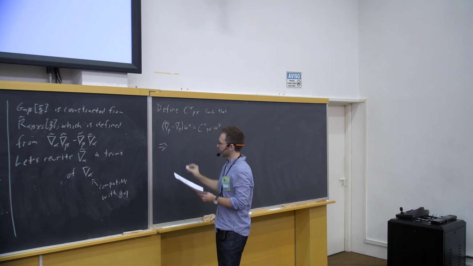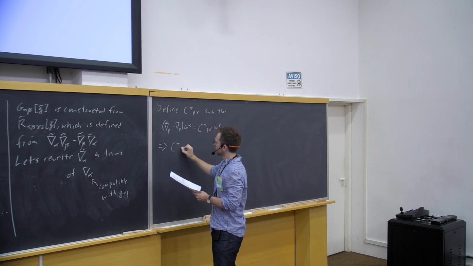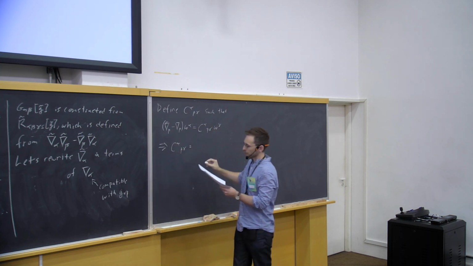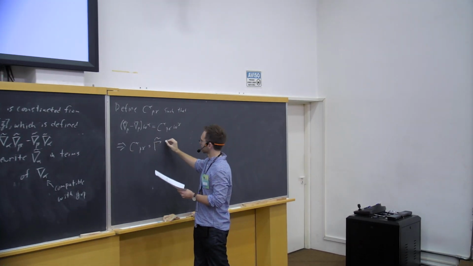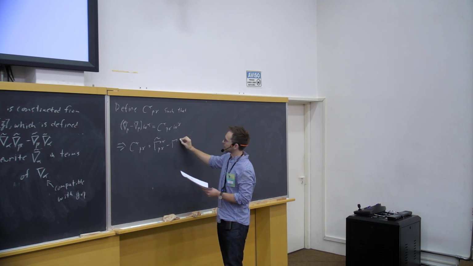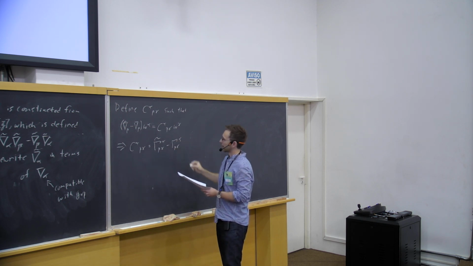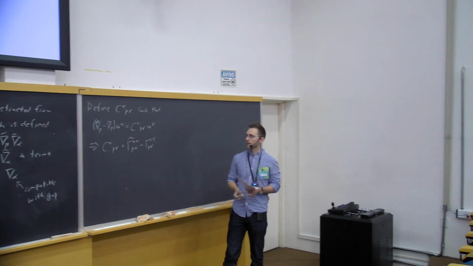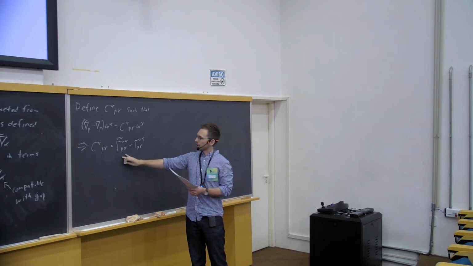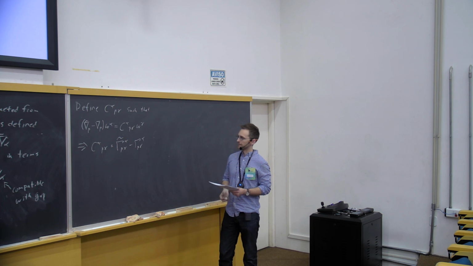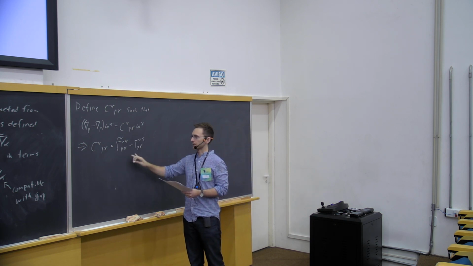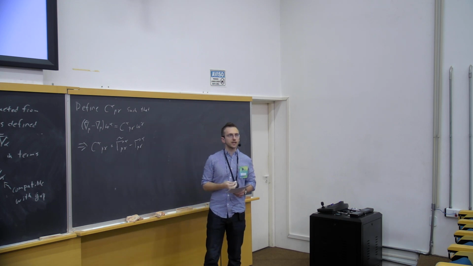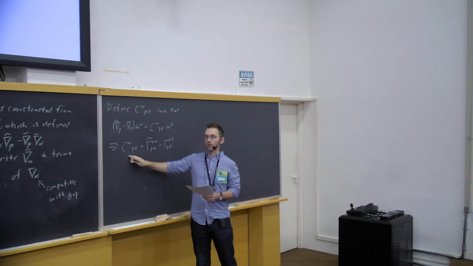We can also write that as C alpha beta gamma is equal to the Christoffel symbol in the exact spacetime minus the Christoffel symbol in the background spacetime. So neither of the Christoffel symbols is defined as a tensor individually, but the difference between two Christoffel symbols actually is well defined as a tensor. So this is a tensorial object.